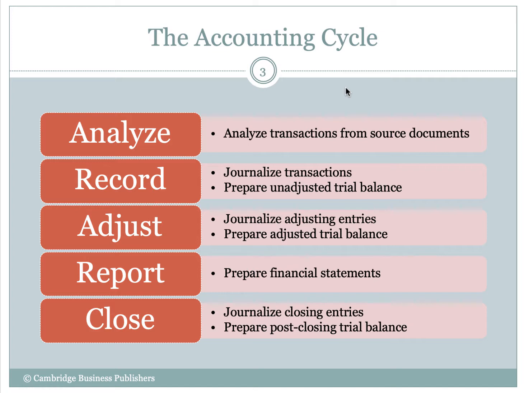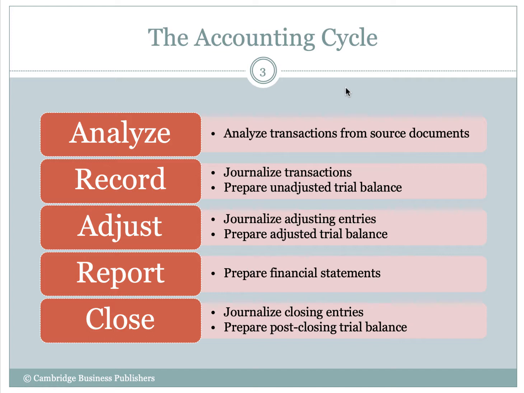And then what we need to do is prepare an unadjusted trial balance, okay? A trial balance is nothing more than a list of accounts with their account balances. That's it. Cash, we have $4 million in cash. Accounts receivable, we have $200,000 in our receivables account. That's all the unadjusted trial balance is. After we record, we're going to have to do adjusting entries.